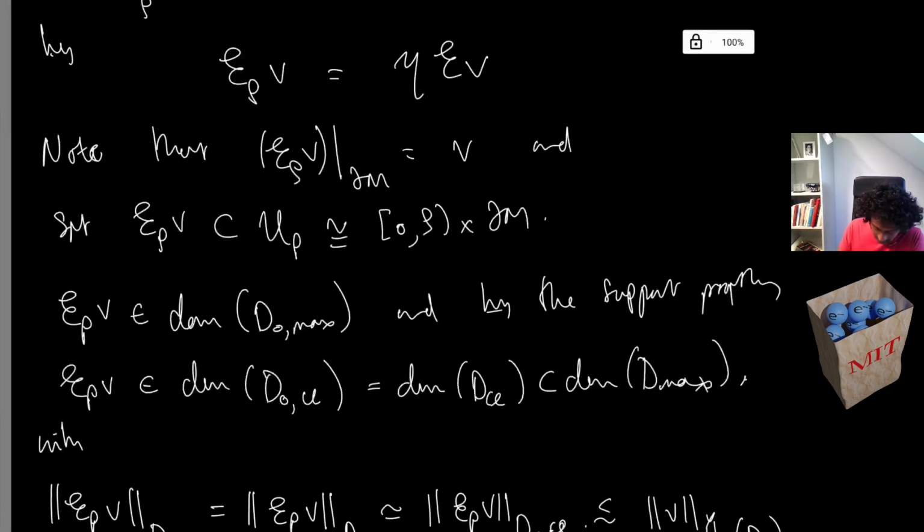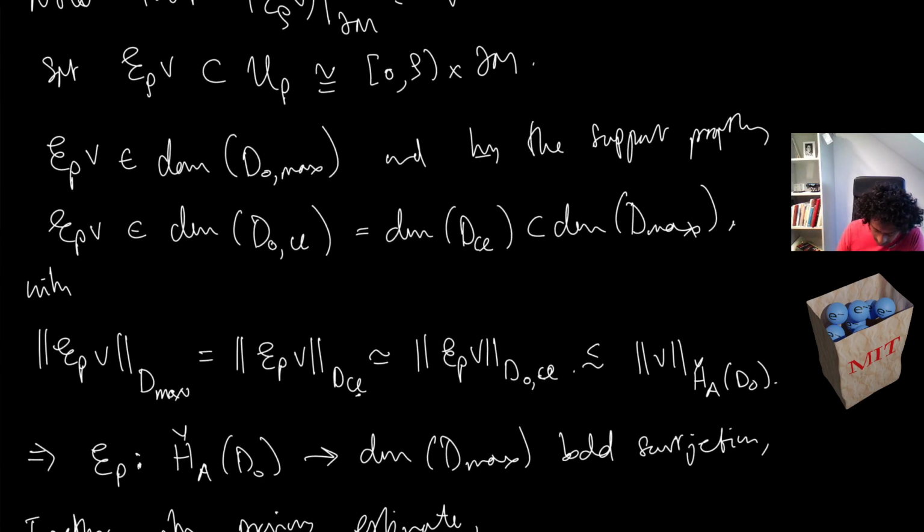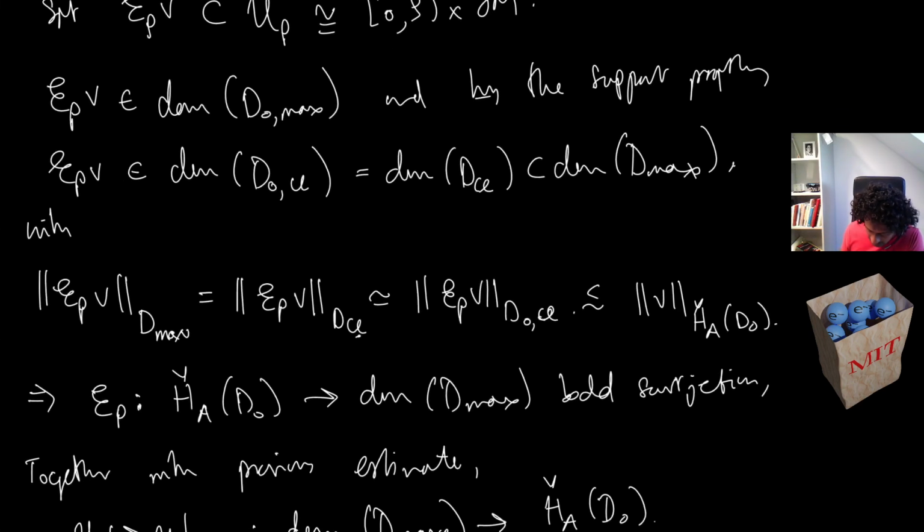Well, the surjection is because we've already checked that, right? So here we have this map is bounded into H check of A of D naught, and now I've built, so I've said now for every element in H check A of D naught, I can produce an element in DOM D max such that the restriction is itself.